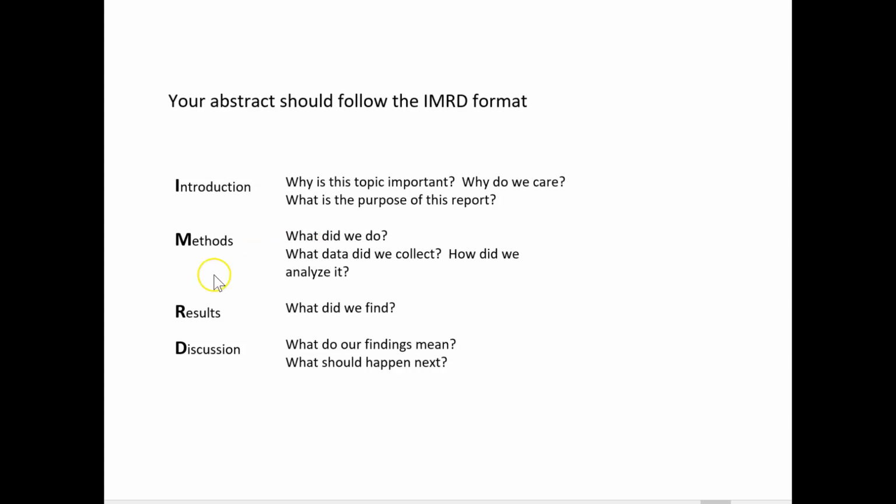Then, the most important part of the abstract is the results and discussion. These results should match up with what you said the purpose was in the introduction. So if the introduction suggests a question, the results should answer that question. If the introduction says we're going to study the relationship between these things, the results should clearly explain what those relationships are.